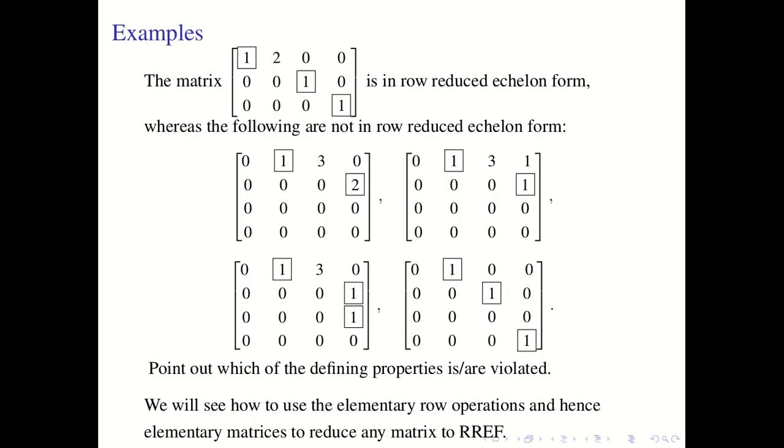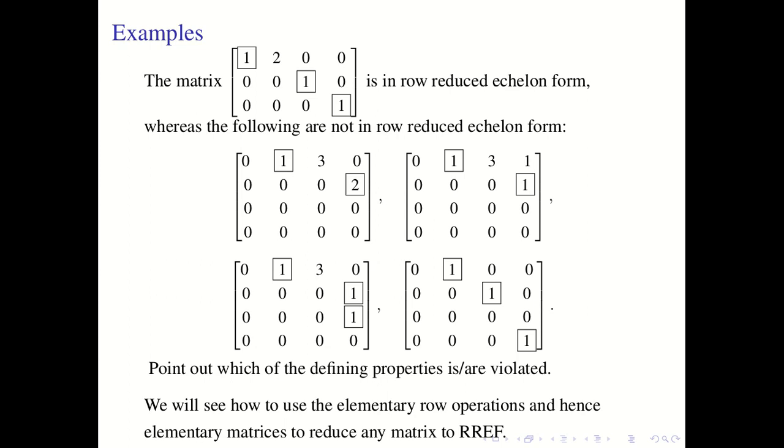Let's look at an example. The first matrix that is given there, 1 2 0 0 0 1 0 0 1 0 0 0 0 1, is in row reduced echelon form. Now let's look at the second matrix that is not in the row reduced echelon form. Why is that?